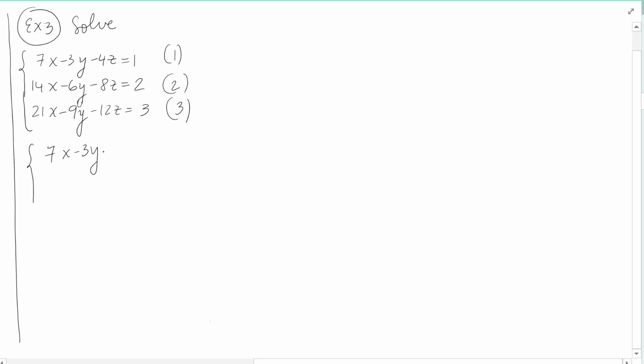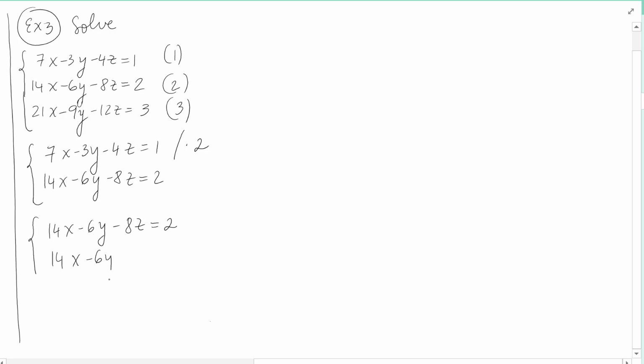7x minus 3y minus 4z equals 1, and 14x minus 6y minus 8z equals 2. And I'm going to eliminate, let's say, x. So in order to do that, I'm going to multiply the first equation by 2. So 14x minus 6y minus 8z equals 2, and 14x minus 6y minus 8z equals 2 as well.